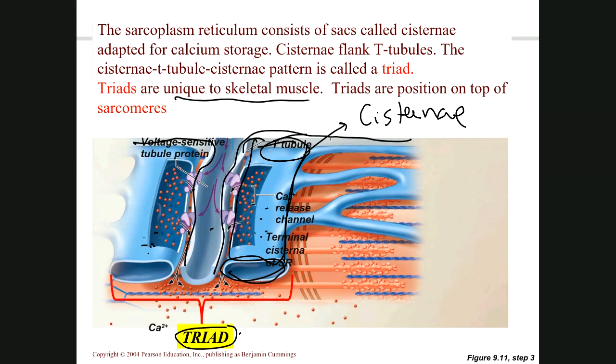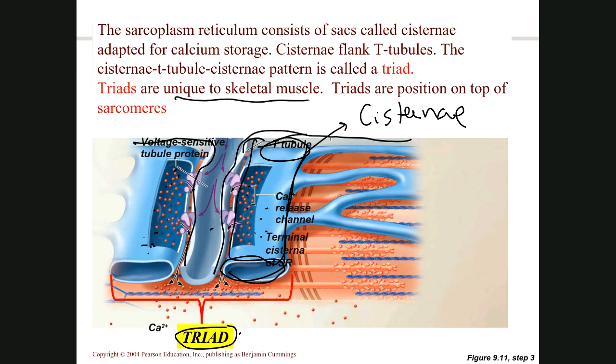Notice the little red dots inside the cisternae. Those are calcium ions. So the job of the cisternae is to store calcium ions inside to be released when muscle contraction is needed. So you should definitely know the structure of a triad and the function of a triad.